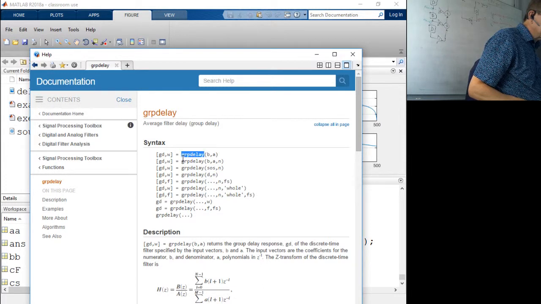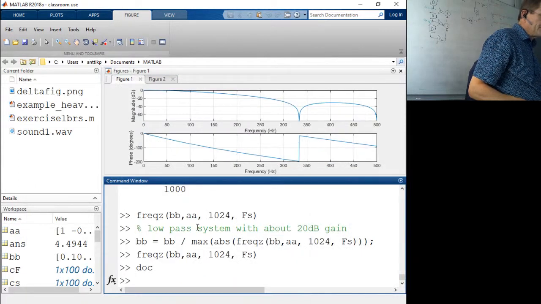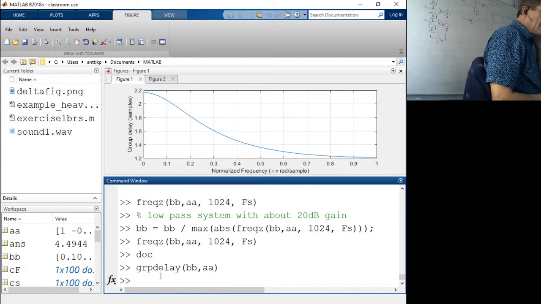So I just calculate group delay like that. Good. So b, a. I think that plots also something. Yes. So this is basically the group delay in samples, the system group delay in samples with a normalized frequency.